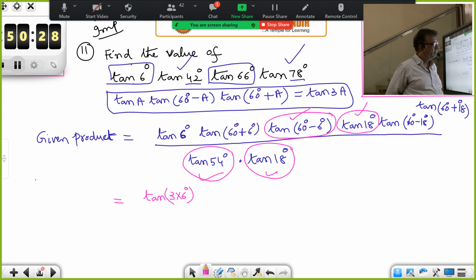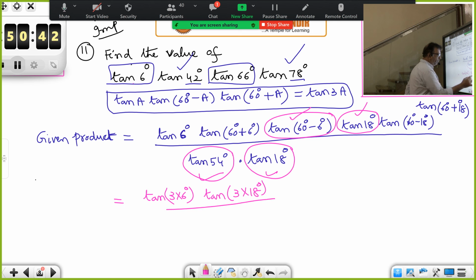Tan 18 degrees into tan 60 minus 18 degrees into tan 60 plus 18 degrees is equal to what? Tan 3 into 18 degrees, divided by tan 54 degrees. Final answer is what? Tell me. 1, sir. 1, correct. Final answer is 1.